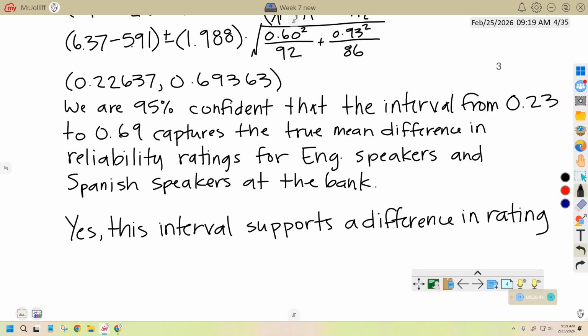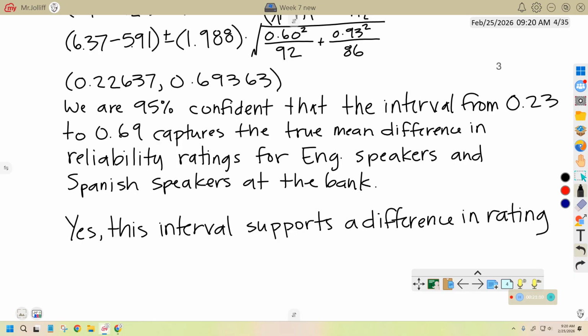When I am making a conclusion, I am effectively performing a significance test. I need a significance level for that conclusion. So I'm going to look back at my confidence level and I want the complement. If I have 95% confidence, what's the complement? 5%.